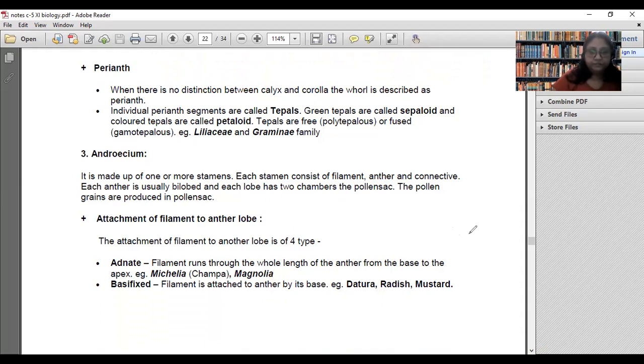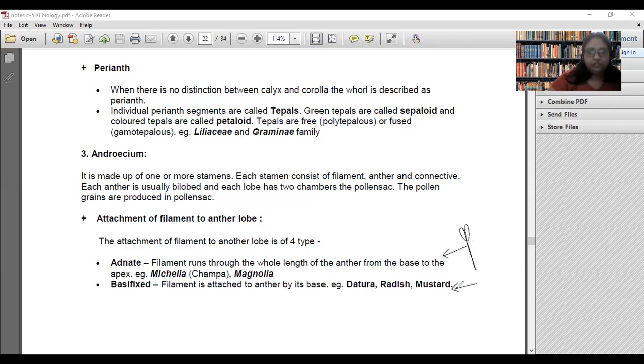Consider if anther is like this and the filament is attached like this, we call it adnate. Sorry, in case of adnate, it will be like this. This is adnate.